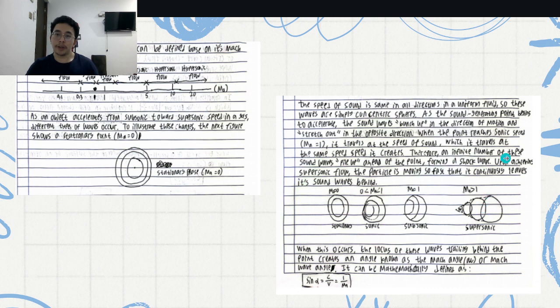This occurs when the Mach number is bigger than one, which creates a shock wave. Why did it create a shock wave? Because it's so fast that it's above the speed of sound.